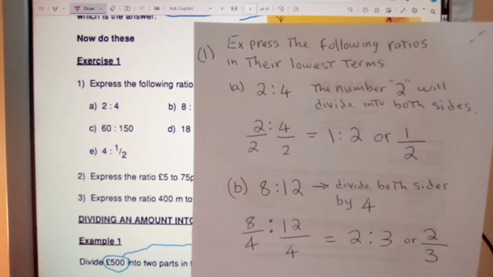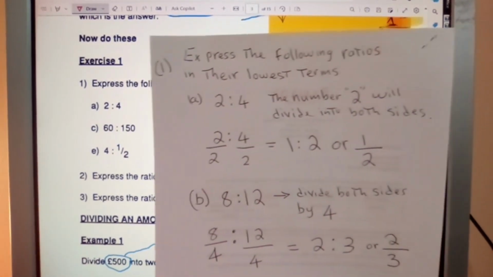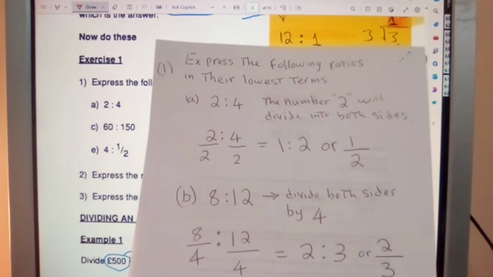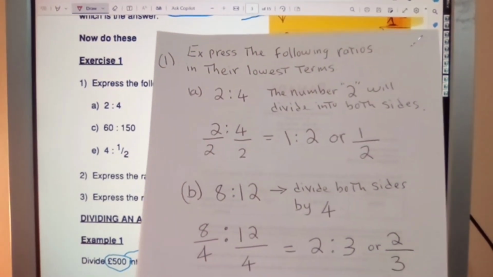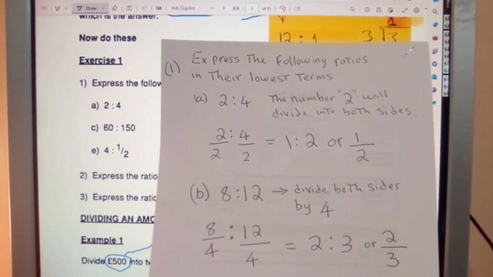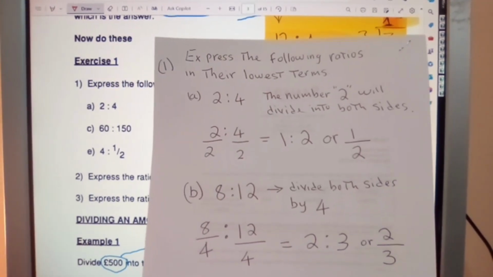And you see here, look at A, okay? 2 to the ratio of 4.